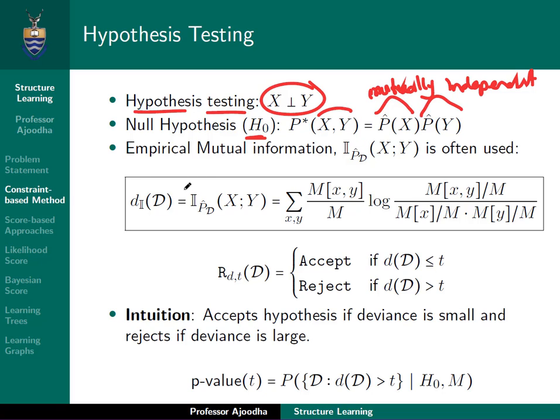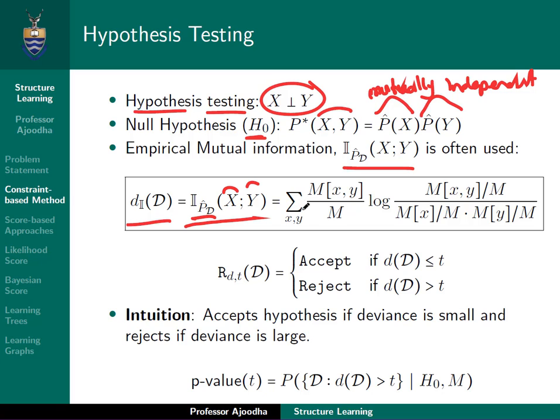In other words, we're computing the empirical mutual information. This is a particular way of looking at two variables and seeing if they are correlated, and it's denoted by I of PD, the empirical mutual information of the empirical distribution relative to the data. In this case, it's between X and Y, so we're testing two variables at a time to see if they are correlated or not.